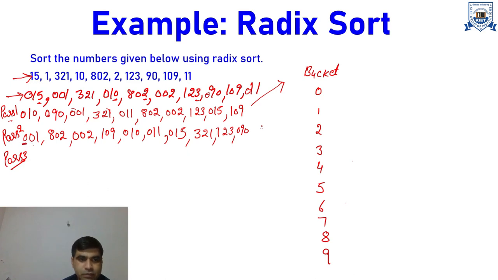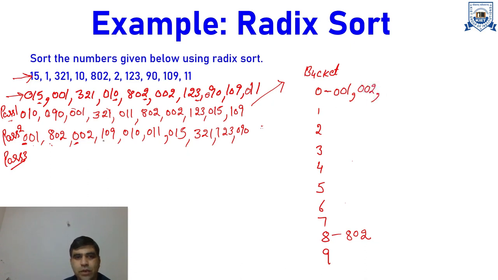For example, in this first key we have a 0, so we'll put this key value into the 0th bucket. So 001 goes here. Then the second is 802, its third symbol is 8, so I will put it here. Then the next one is 002, its third symbol is 0, so I'll put it here.